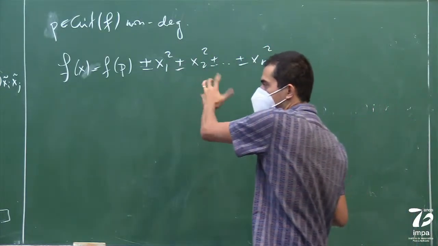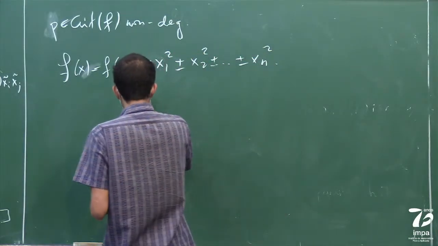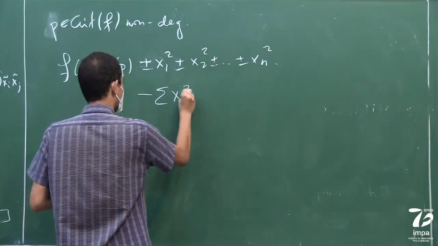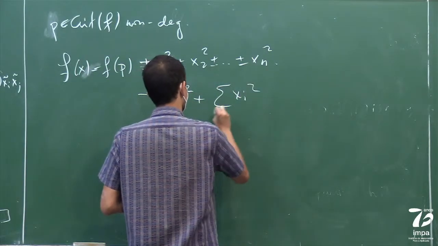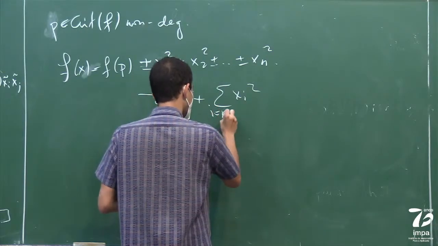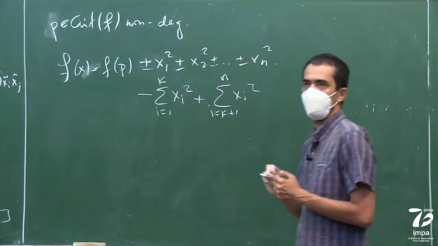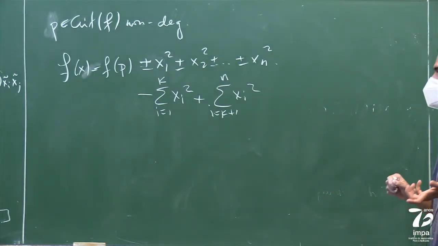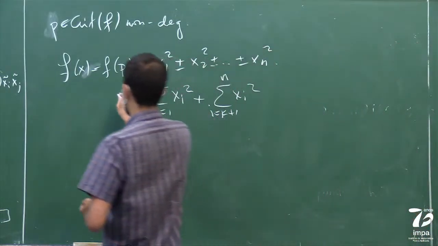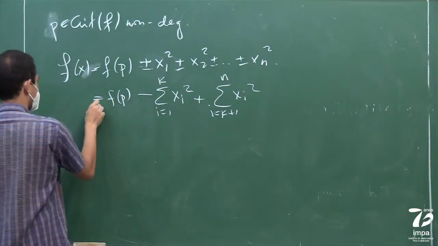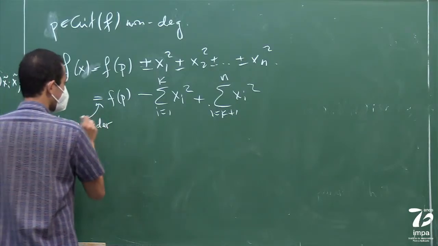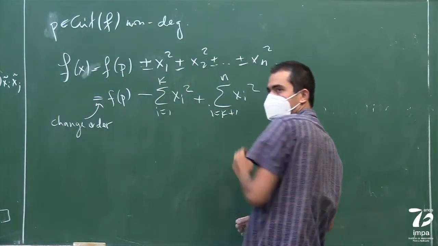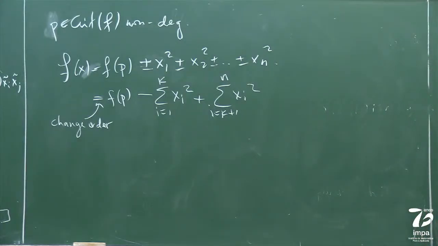Usually you change the order and say, well, I have first xi squared from i equals 1 to k, and then xi squared from k plus 1 to n, up to a change of order of the variables. And then you know that such a k exists. It could be 0, it could be n, or something between 0 and n. But this k is very special.